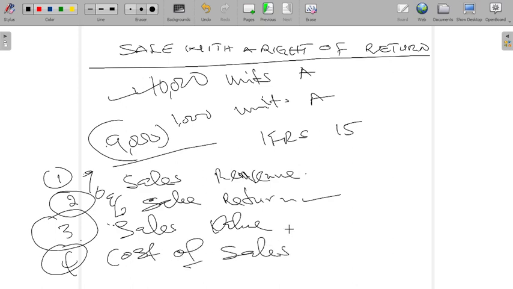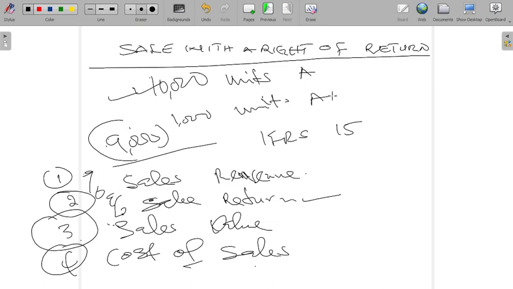So the cost of sales is what the customer will not return. That is what you will now consider as your cost of sales. In this case, the carrying amount of the 9,000 units of product A should be considered as our cost of sales.